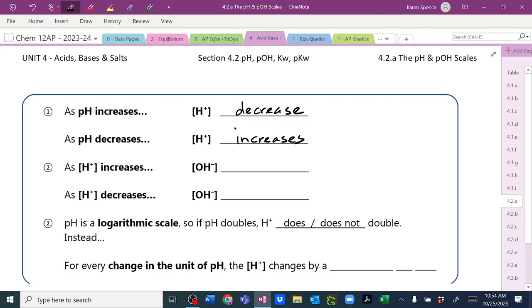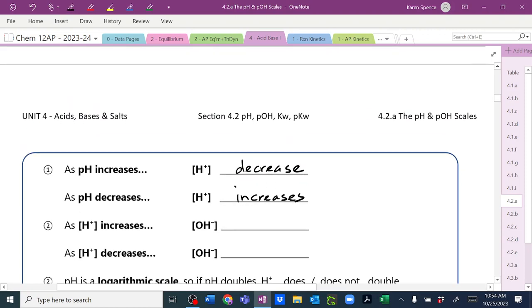I'm going to show you a little thing about water. Water actually does the following.